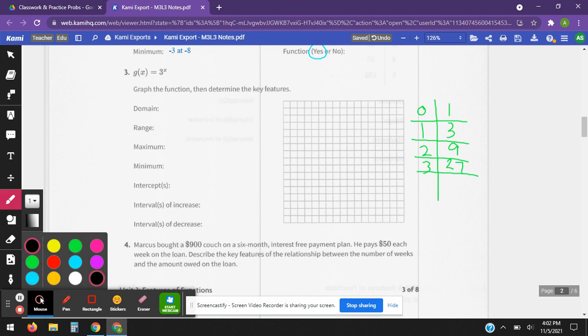and do our graph. We know it's going to mostly be positive x's that I'm going to show, and it's going to be mostly positive y's that I'm going to show. So 1, 2, 3, 4, 5. Should we go by 2s? Yeah, if we go by 2s, we can probably get to 27.